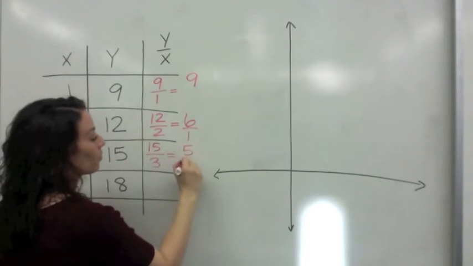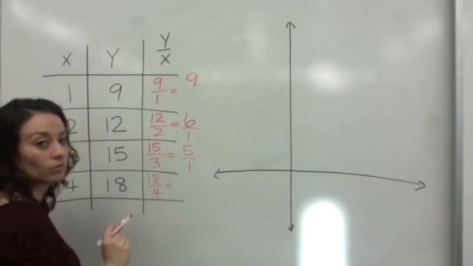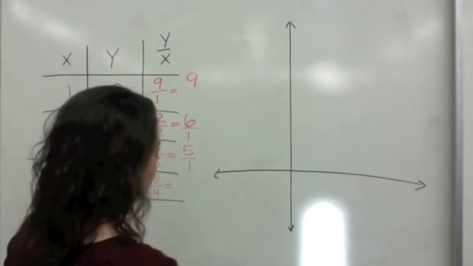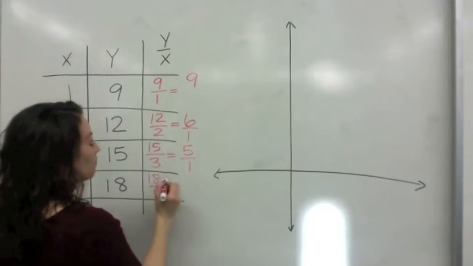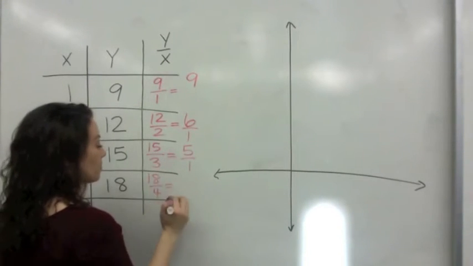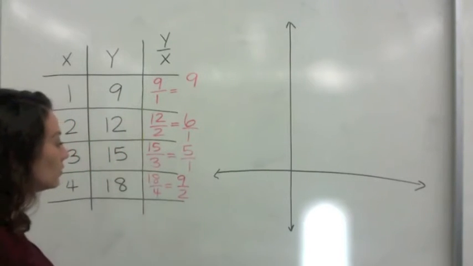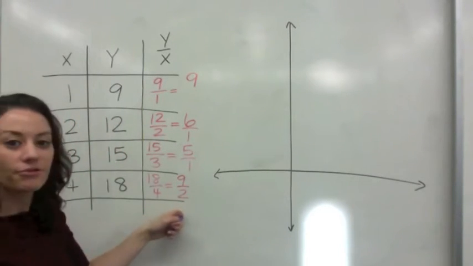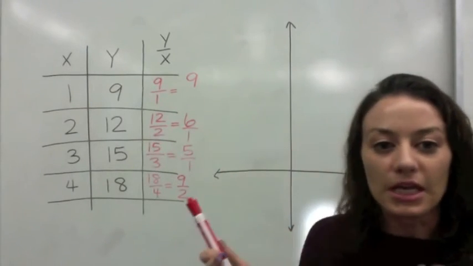It's 5 over 1. What about 18 divided by 4? Oh, it's a fraction, isn't it? Yeah, 18 divided by 4, if we divide the top and the bottom by 2, you would get 9 over 2. Okay, or 4.5. Let me ask you, are these ratios equal?